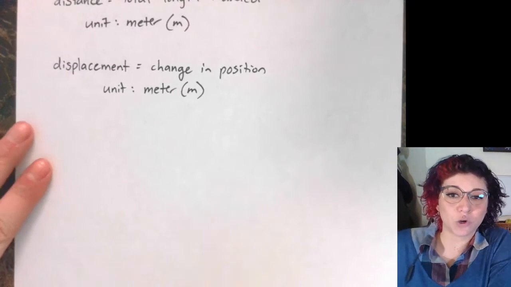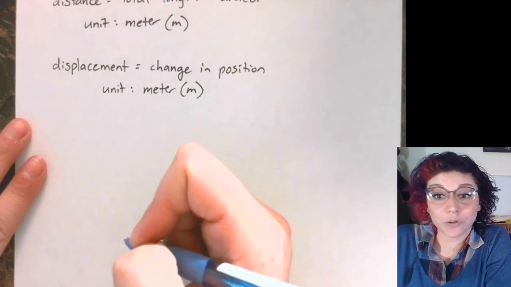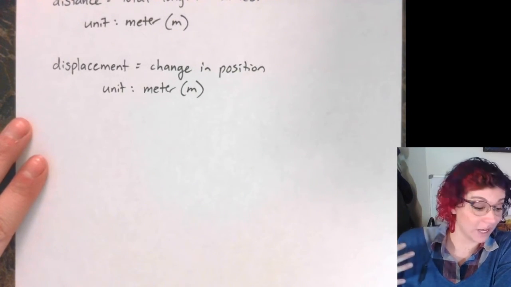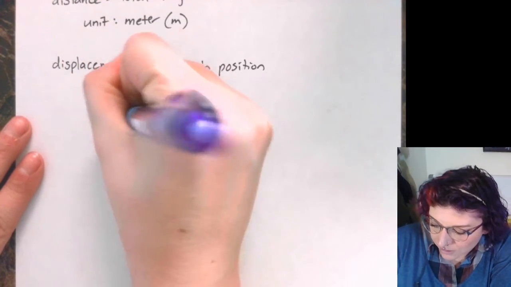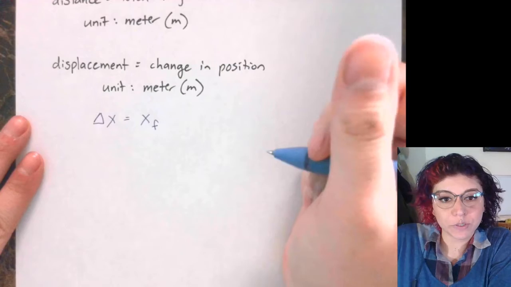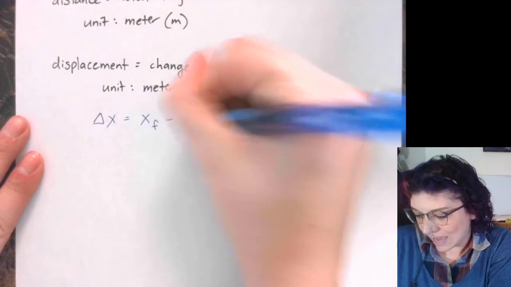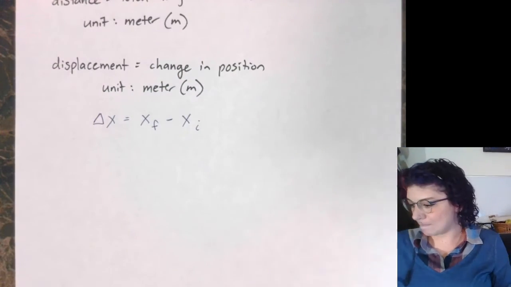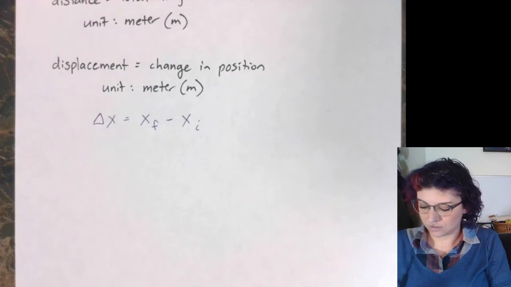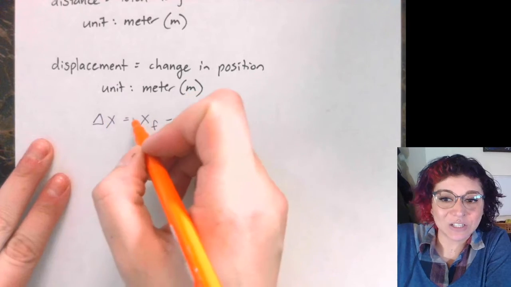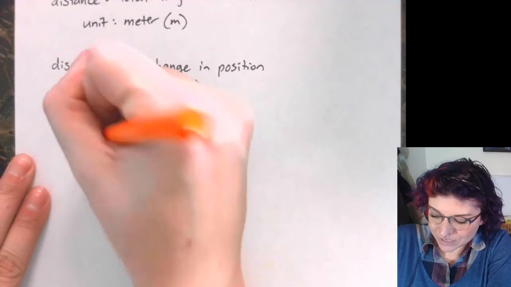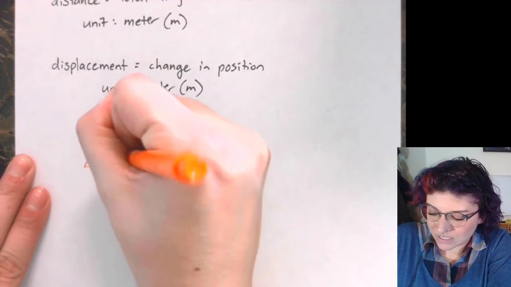Let's break down the equation for displacement just so we all know how to read these types of equations. So we have delta x equals x subscript f minus x subscript i. This delta symbol means change in.